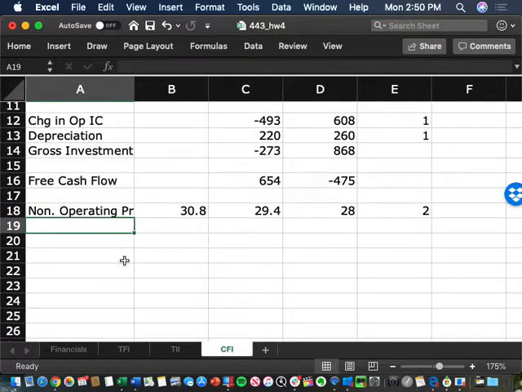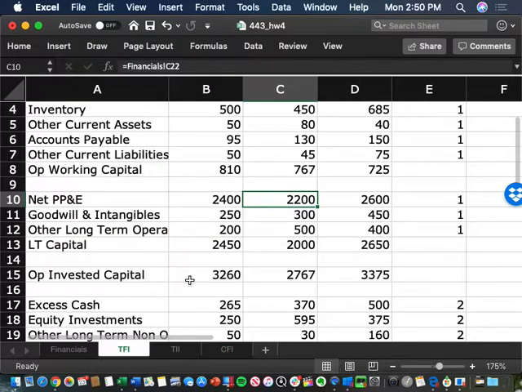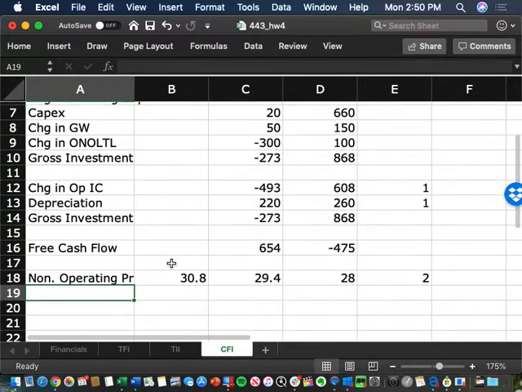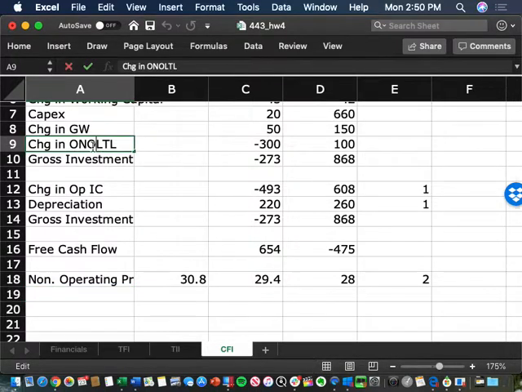Then I look at my balance sheet. I had three long-term items: excess cash, equity investment, other long-term non-operating liabilities. Actually, this is supposed to be other long-term. Did this wrong. This one was the change in other long-term operating liabilities.